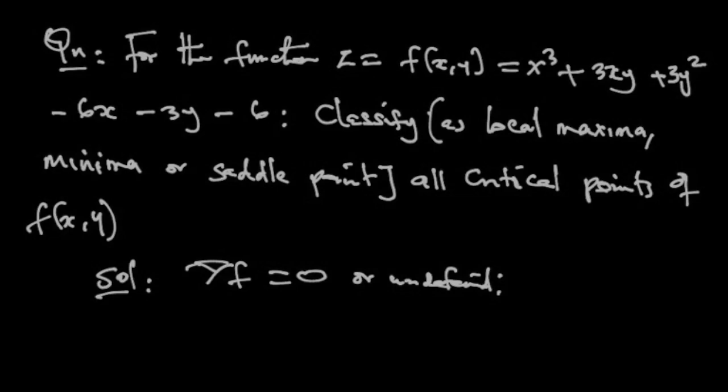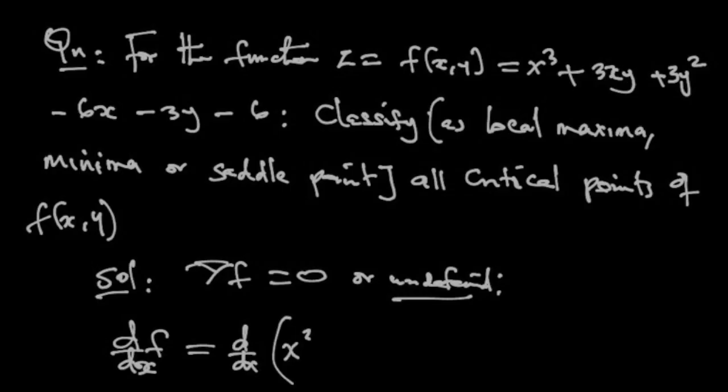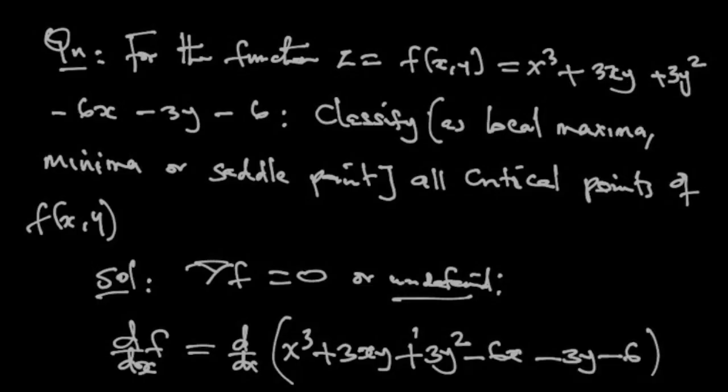But this one is a polynomial, as we look at dx of this function. That would be dx of 3x to the power 3 plus 3xy plus 3y squared minus 6x minus 3y minus 6.